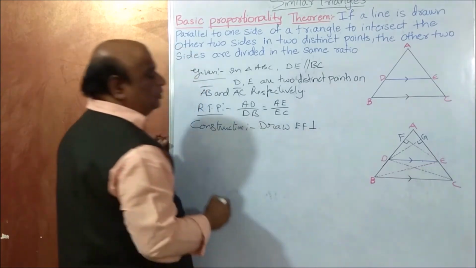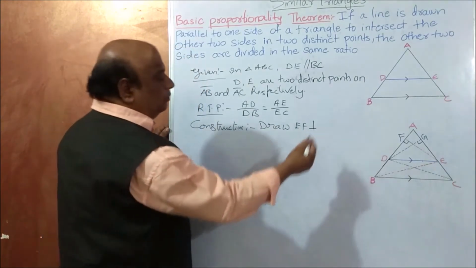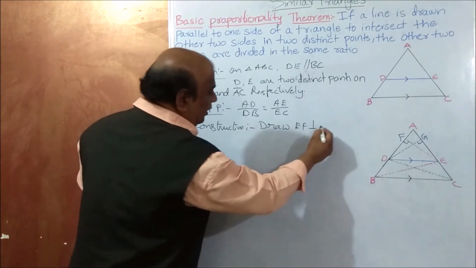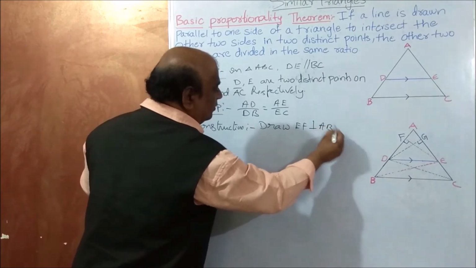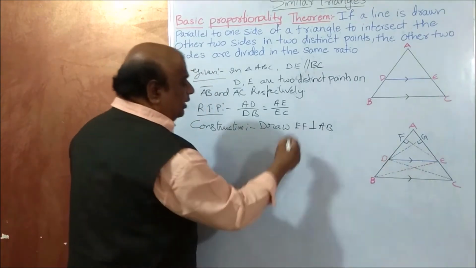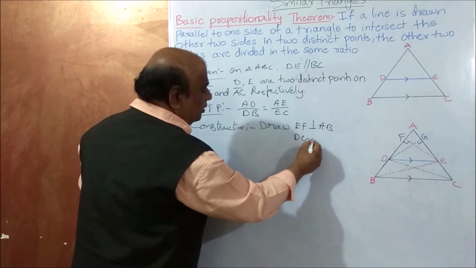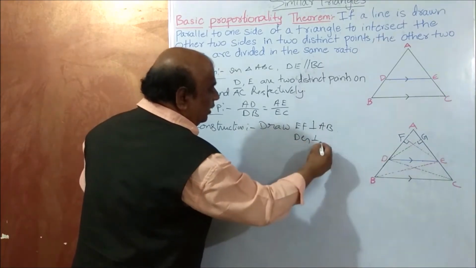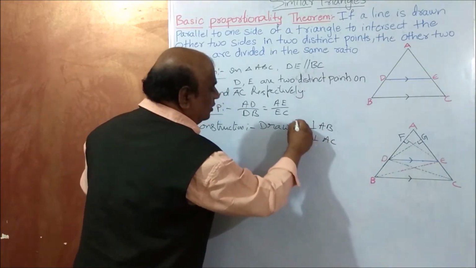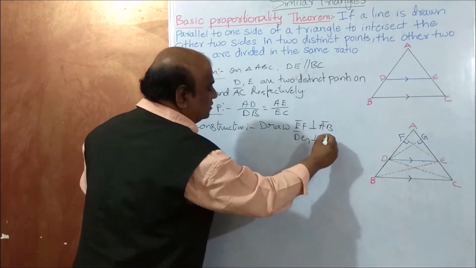perpendicular to AB and DG perpendicular to AC. So these are the line segments.